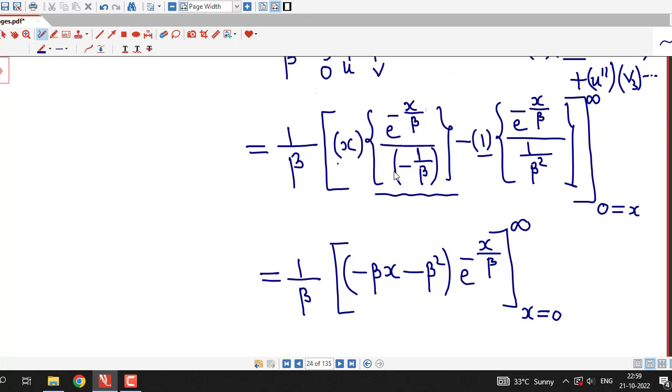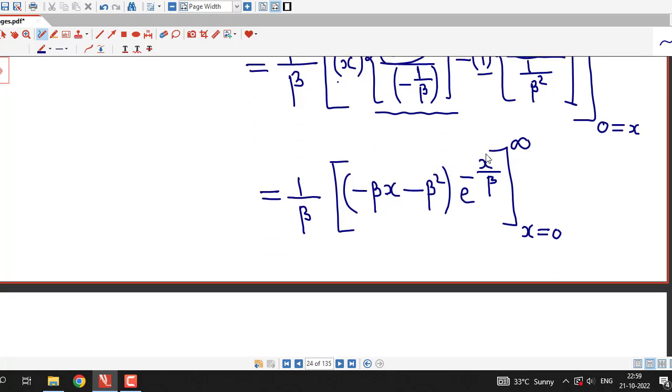So let me verify this. x into 1 over minus 1 over beta, that is minus beta x, minus 1 over beta square, that is beta square, and we take e raised to minus x over beta common. So here we are left with minus beta x, and here minus beta square.